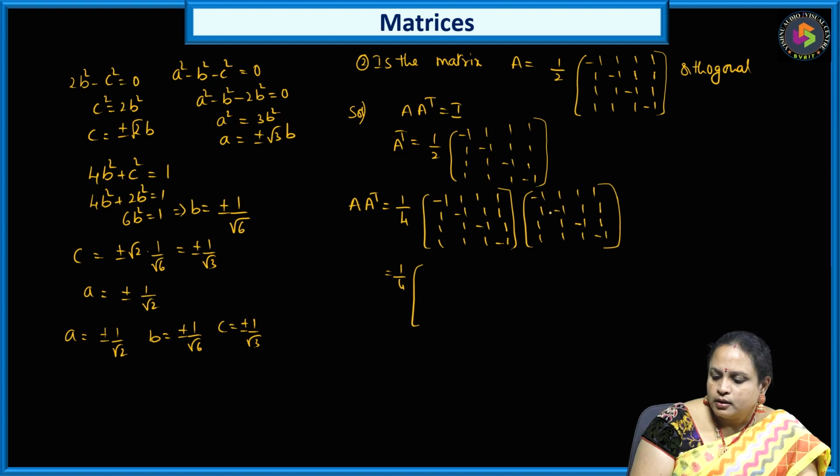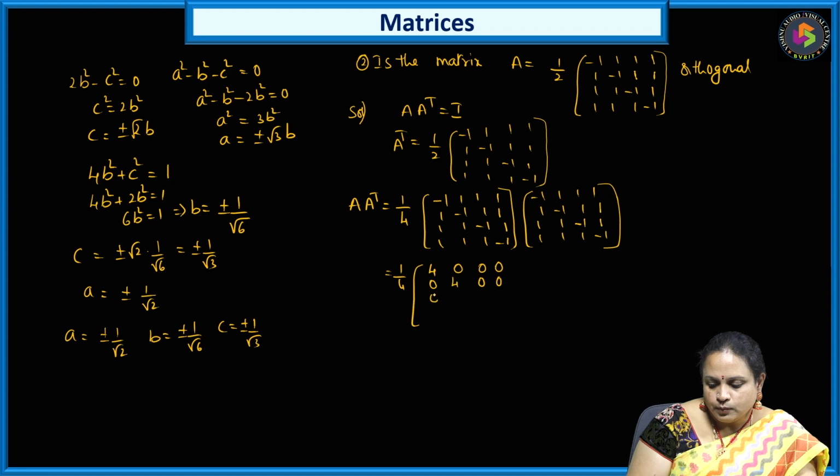So, you will get 1 plus 1 plus 1 plus 1, that is 4. And here if you see minus 1 minus 1 plus 1 plus 1, 0. And here also it will become 0, 0. Then this will be 0, 4, 0, 0, 0, 0, 4, 0, 0, 0, 0, 4.